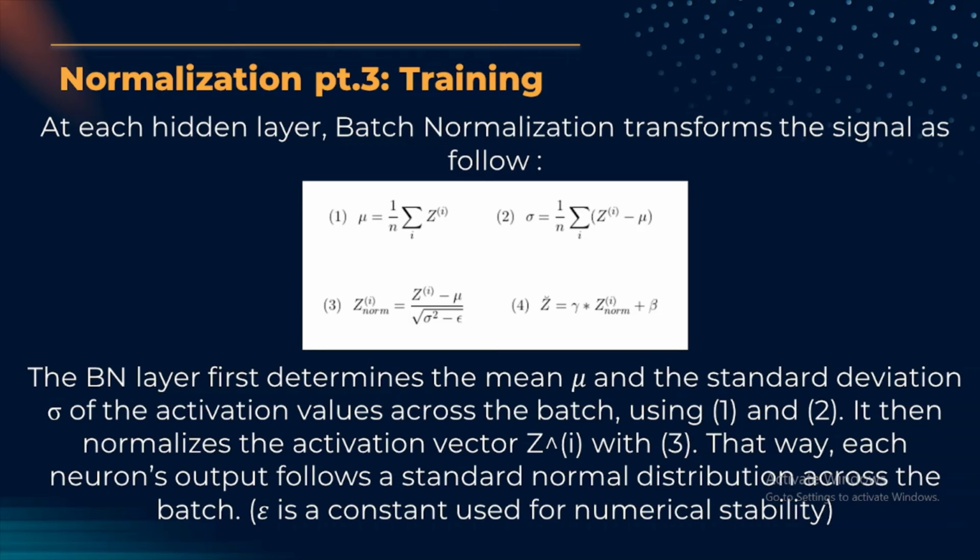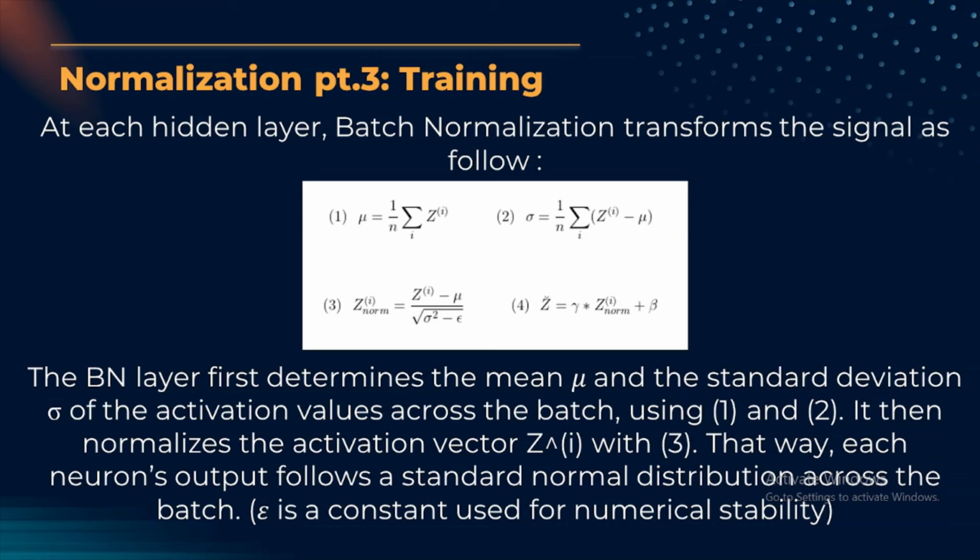Training. At each hidden layer, batch normalization transforms the signals as this algorithm follows. The layer first determines the mean and the standard deviation of the activation values across the batch using the first and second moments. It then normalizes the activation vector z.